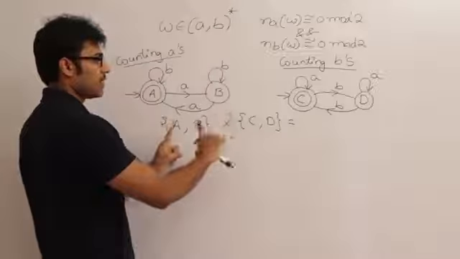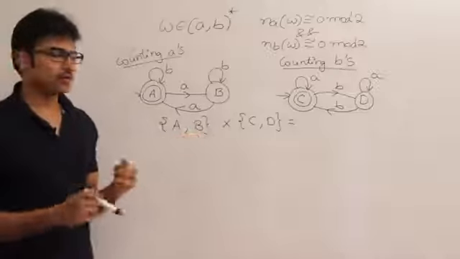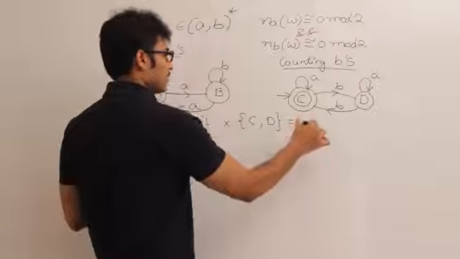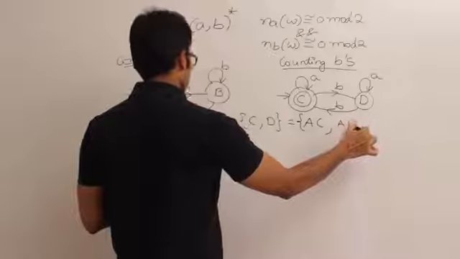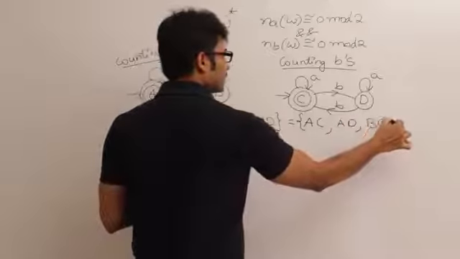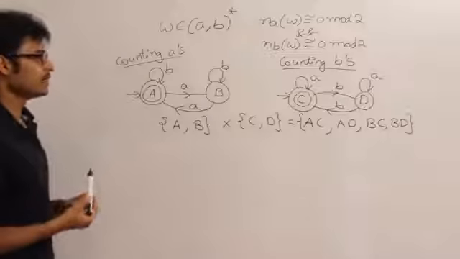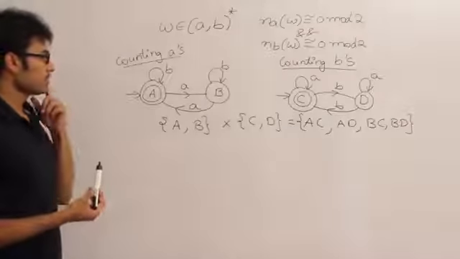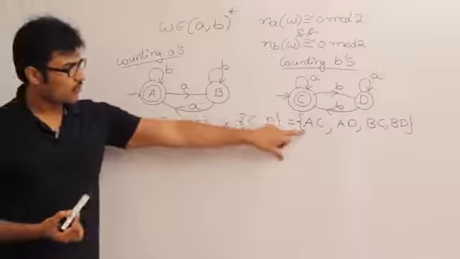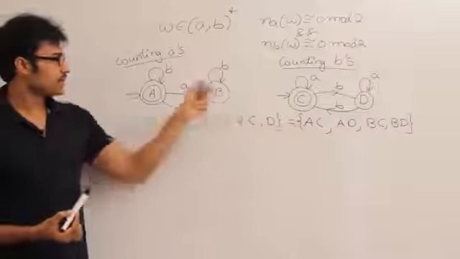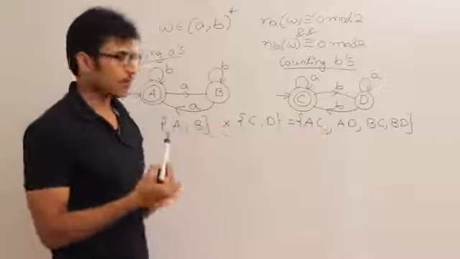I am combining two sets, so I get ordered pairs: AC, AD, BC, BD. I have four states. Since in the initial diagrams A and C are the final states, here AC is going to be the final state. I'll talk about it later.